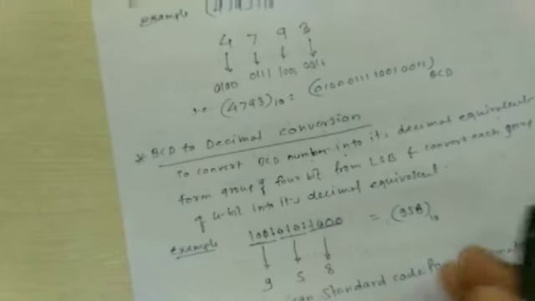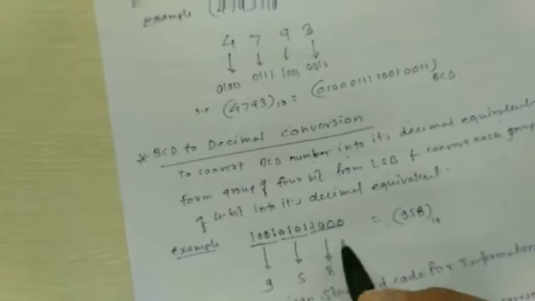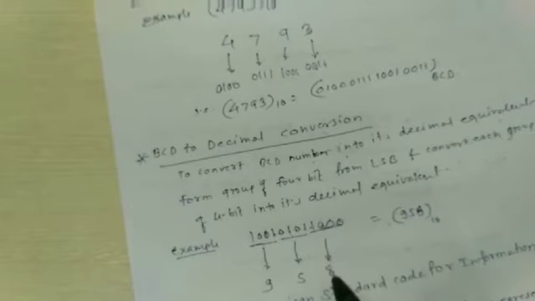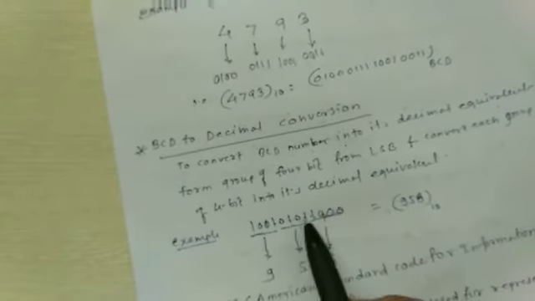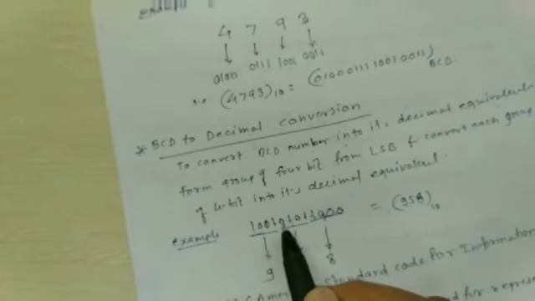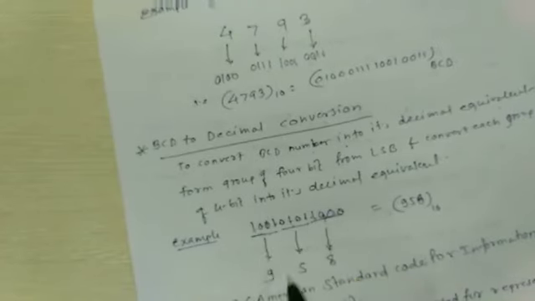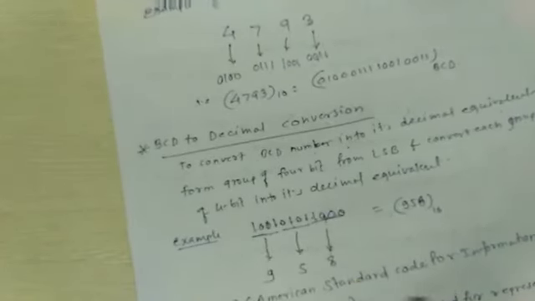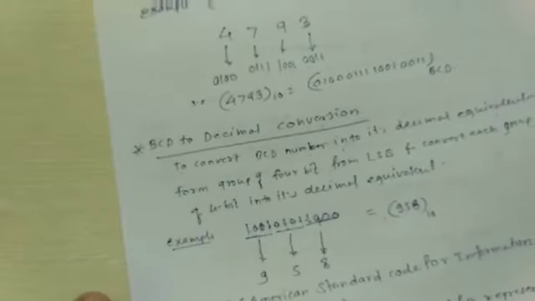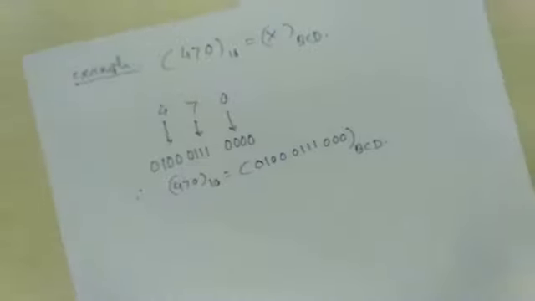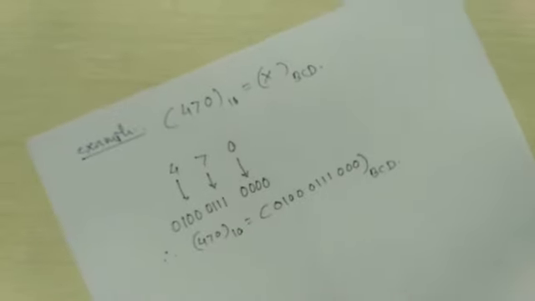When you form the groups of 4 bits from the LSB, convert each 4-bit group into its decimal equivalent. So 1000 decimal is 8, 0101 decimal is 5, 0101 decimal is 5, and 1001 decimal is 9. This is how the given BCD number is converted into its decimal equivalent.